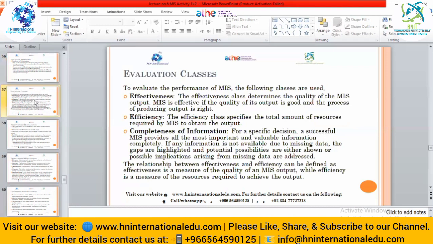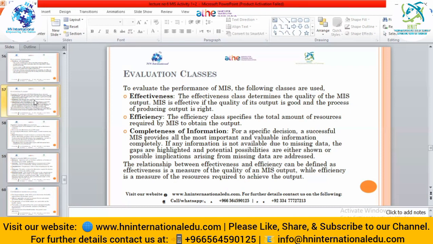Now, different classes are available, like effectiveness. The effectiveness class determines the quality of the management information system. Is the quality of output good or not? So we have to check the effectiveness and the efficiency, the total amount of resources required by the management information system.